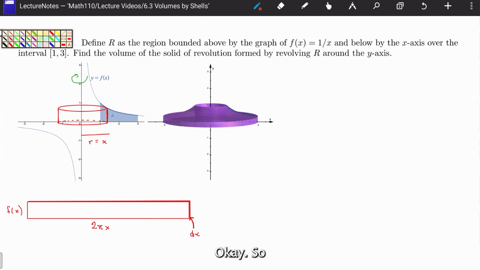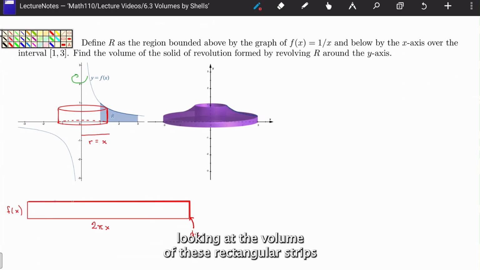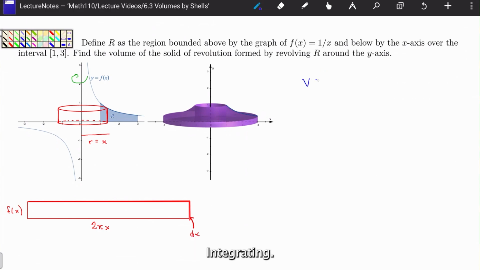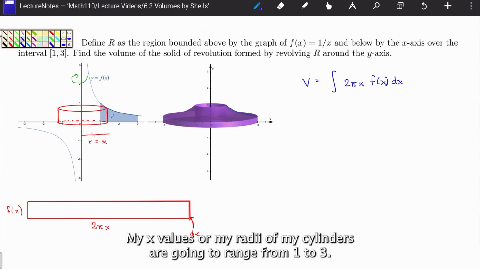Okay, so looking at the volume of these rectangular strips, which come from cylindrical shells, I'm going to be integrating length times height times depth. So 2 pi x times f of x times dx. And my x values, or my radii of my cylinders, are going to range from 1 to 3.